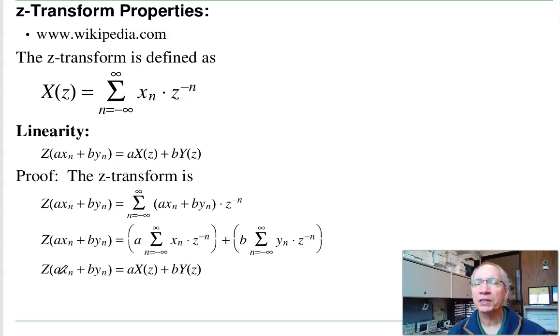Now the definition of a z-transform is the sum of x sub n z to the minus n.